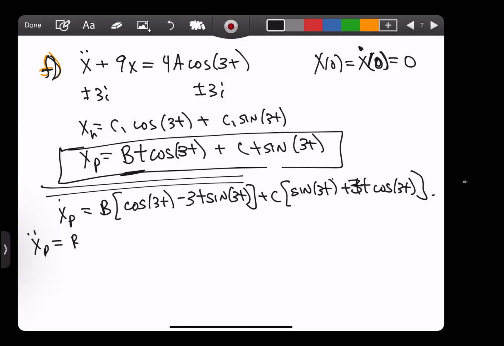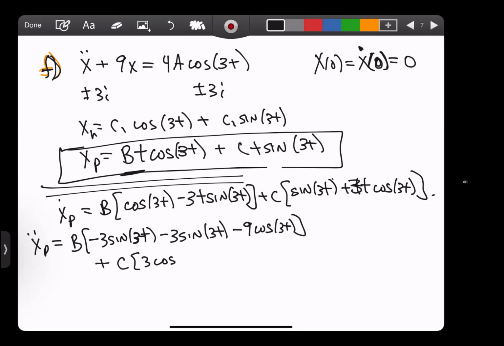Notice how I'm keeping everything nicely grouped like that, so that we don't go insane. And let's see here. So then we've got minus 3 sine of 3t, and then now I'm doing the sine, and that's going to make a 9 cosine of 3t there, and then plus c times 3 cos 3t.